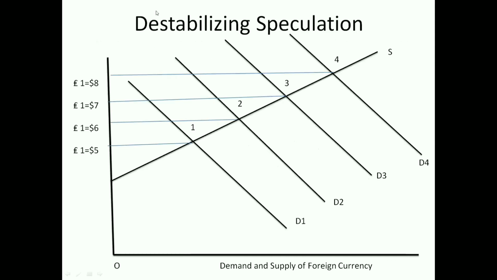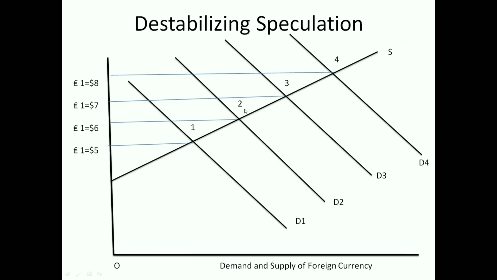Now, what is happening in case of destabilizing speculation? From 1 you are reaching 2, 2 to 3, 3 to 4. From 1 to 2 is the situation indicating a rising foreign exchange rate. But from 2 to 3, the speculator may think that the prices they are getting today will also increase in the near future.